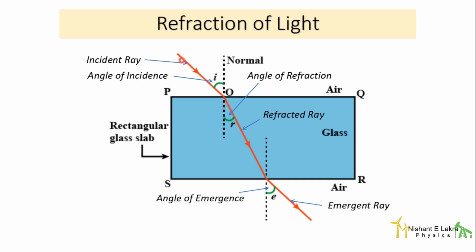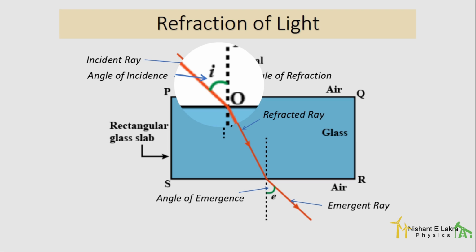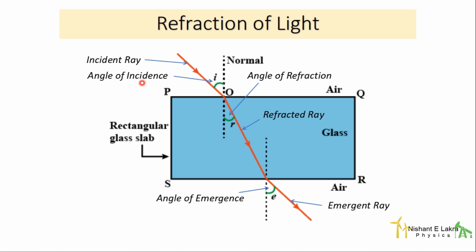So that ray is termed as incident ray. Okay, and here you notice that there is an angle formed. Now this angle is formed between the normal and the incident ray, and the angle that is formed between the normal and the incident ray is known as angle of incidence.